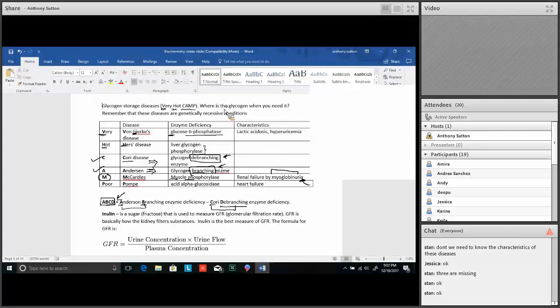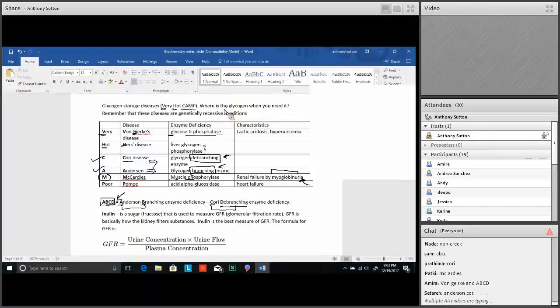Now, here's what I would tell you to do. The easiest ones you can remember, and the other ones you get by process of elimination. So if I asked you all, what are the easiest glycogen storage diseases you can remember and their enzymes, which ones would you tell me are the easiest? Andy says Von Gierke's, the ABCD.